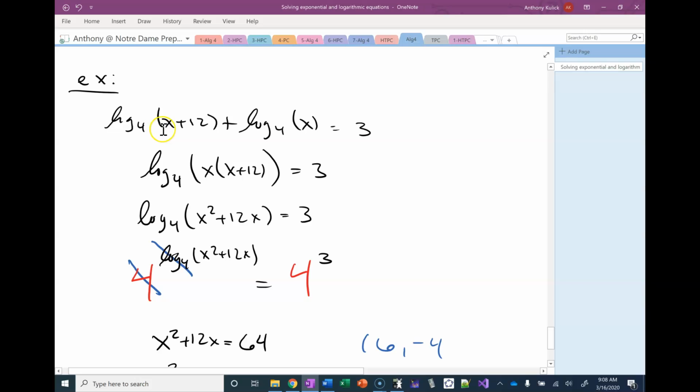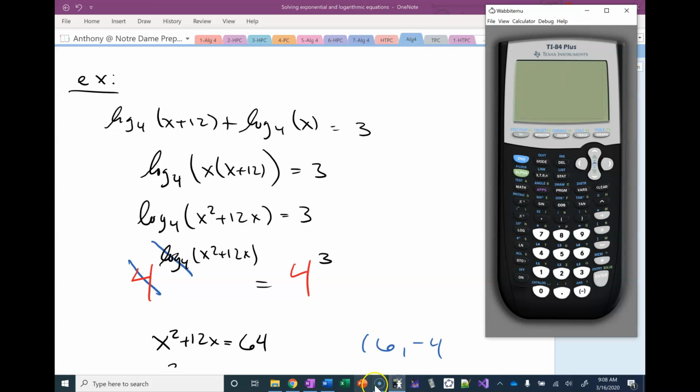However, if I look at 4, that'll give me positive 16 and positive 4. There's no problems there, so let's actually check that in our calculator to make sure. So we'll go back and grab that log base command.